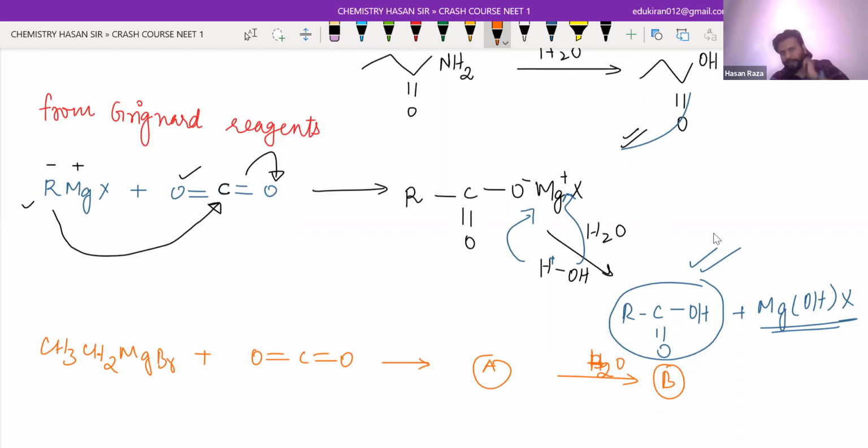This chapter, we have very little left in this chapter. After this, we are going to have amines, which is quite easy and a small chapter. Are you done with this?